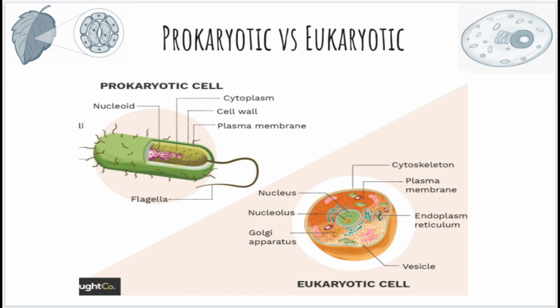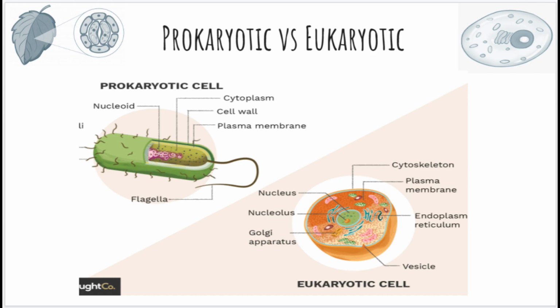Whereas in case of eukaryotic cell, a typical nucleus is present inside which the nuclear content is found, that is the chromatin material and the nucleolus. In a prokaryotic cell, all the membrane bound organelles are absent, whereas a eukaryotic cell contains all the membrane bound organelles that I have explained in the video, that is the endoplasmic reticulum, Golgi apparatus, mitochondria, lysosome, everything.